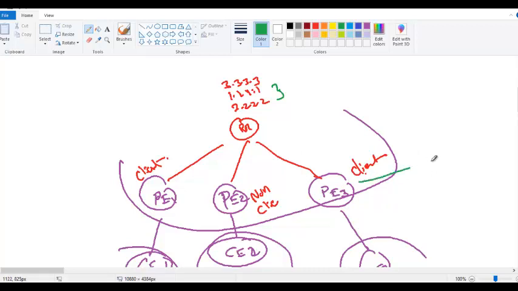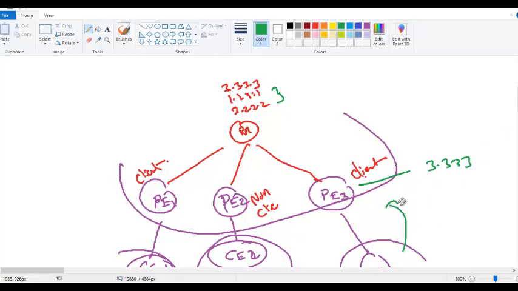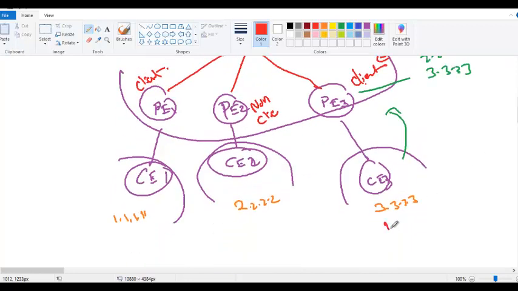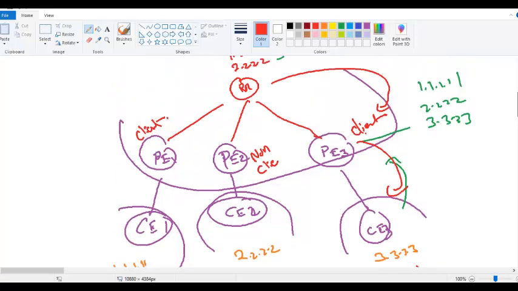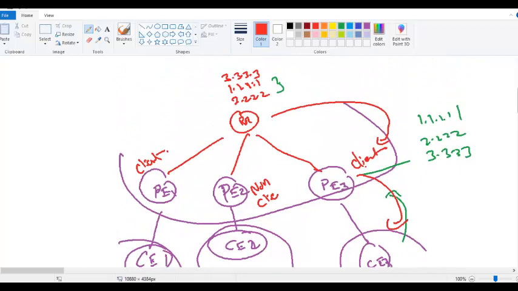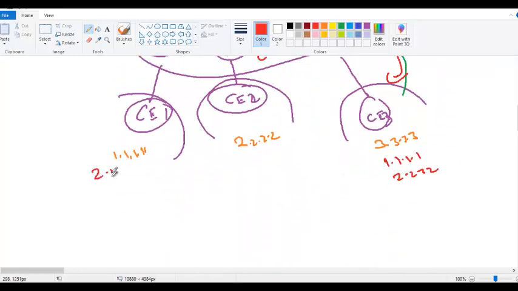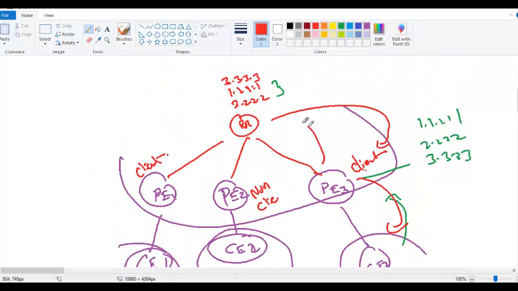So this router is going to have 3.3.3.3 from eBGP and 1.1.1.1 and 2.2.2.2 from the server. Do you agree? Likewise, here also you will know 2.2.2.2, 3.3.3.3. You agree?